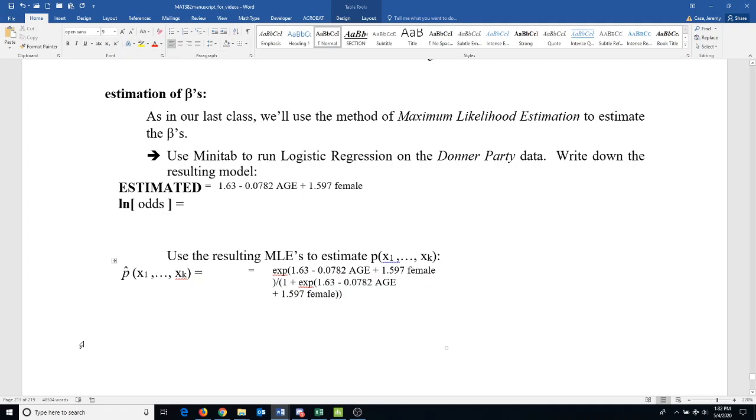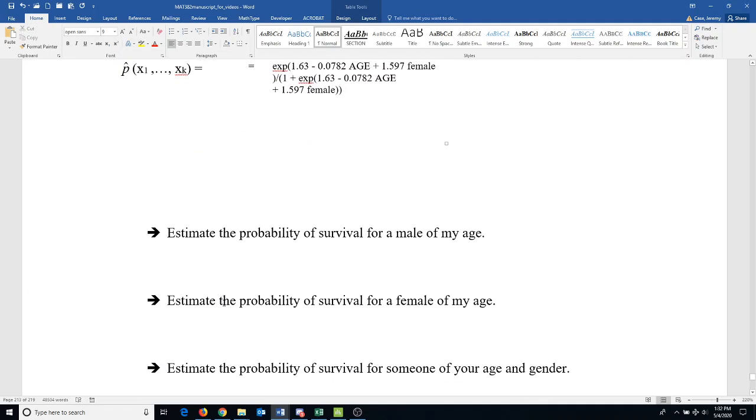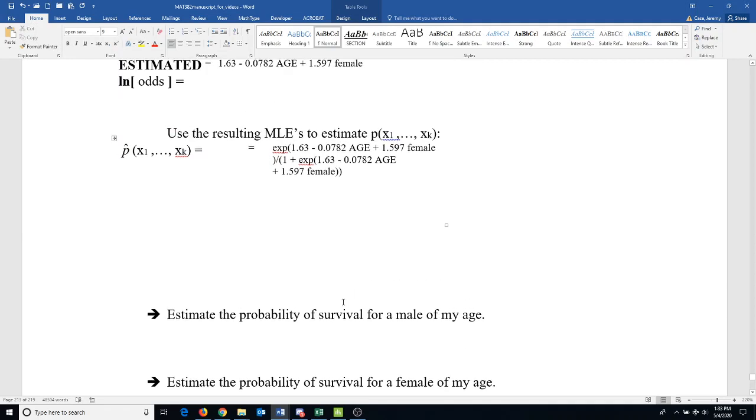And so that will then be my equation. So all I have to do is put in age and female into the expressions, and then I can find out what the curve gives. So let's estimate the probability of survival of a male my age. I'm going to lie and say that I'm 60 years old, so my age equals 60. I'm not going to lie about my gender.